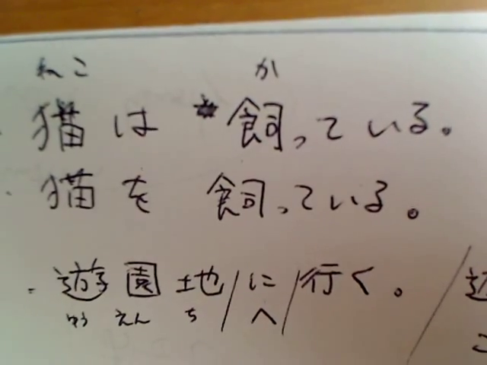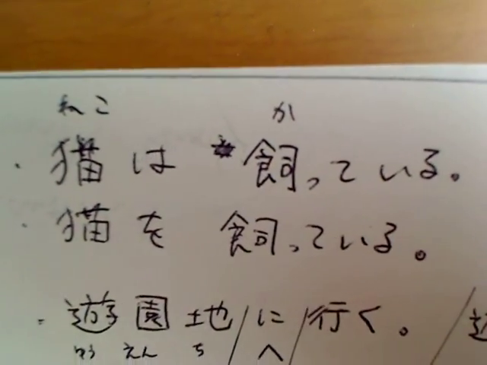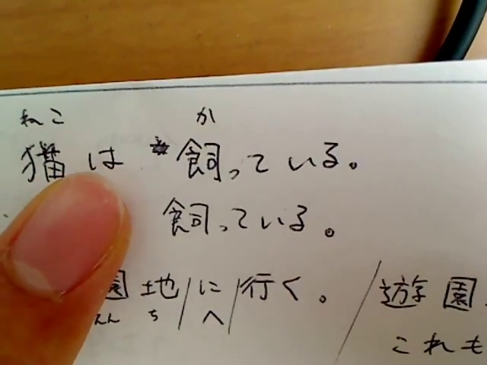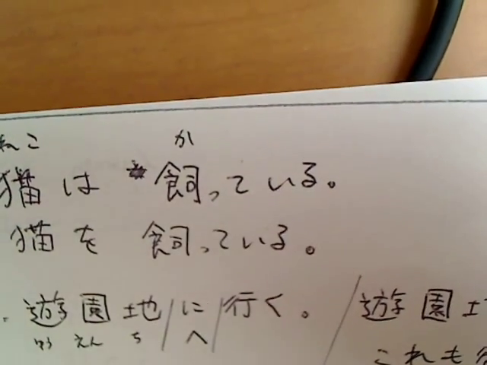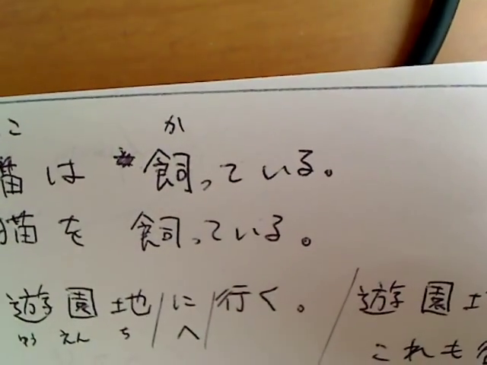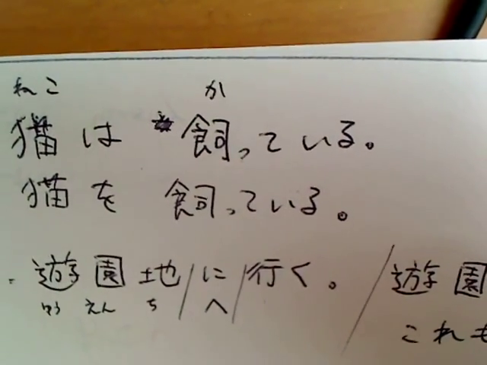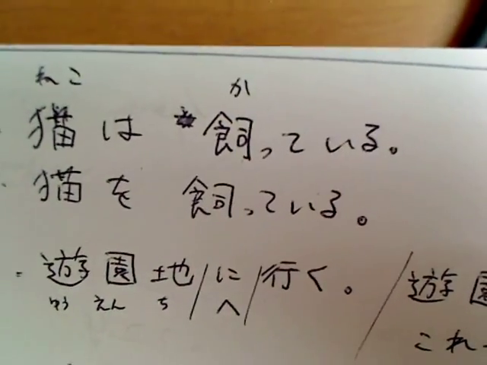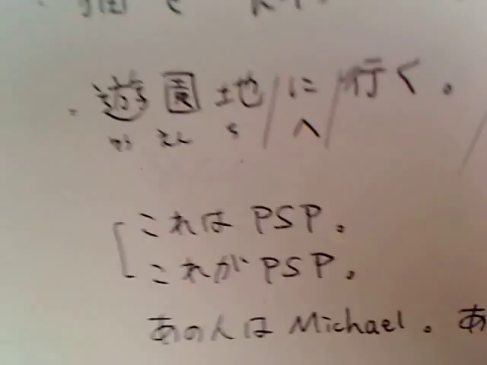But in some contexts, you can also say 猫は飼っている, meaning you don't have dogs, but you have cats: 犬は飼っていないけど、猫は飼っている.